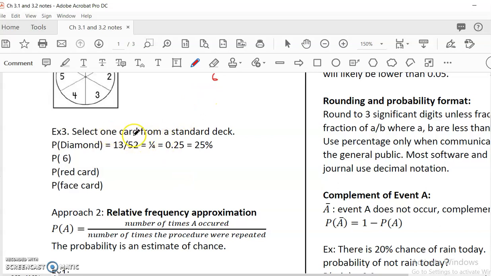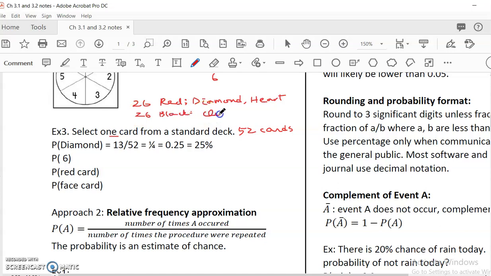So the third example is select one card from a standard deck. A standard deck has 52 cards. In case you don't know, out of those 52 cards, there are 26 red cards because diamond and heart are red cards, right? And then there are 26 black cards.